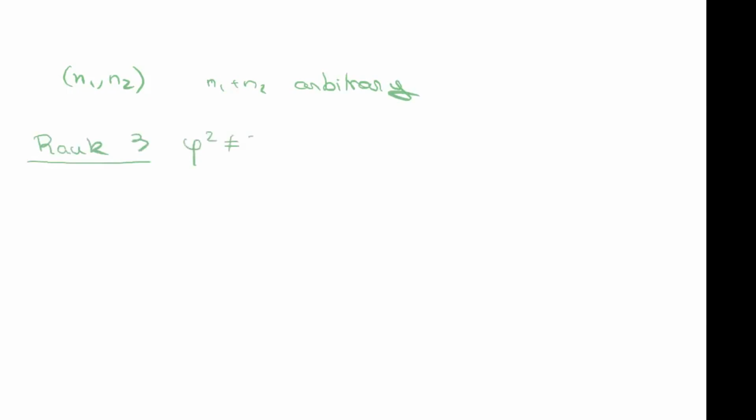So phi squared would not be 0 and phi cubed is 0 now. In this case, one has a filtration of length 3. And the remark is that the kernel of phi is itself wobbly. That is, it admits a non-trivial Higgs field induced by phi.